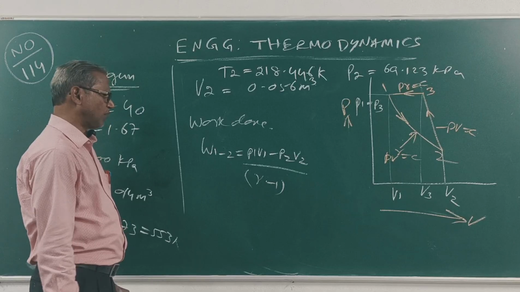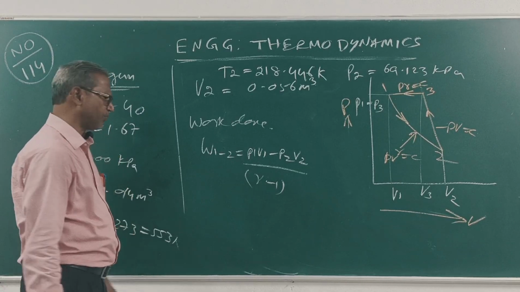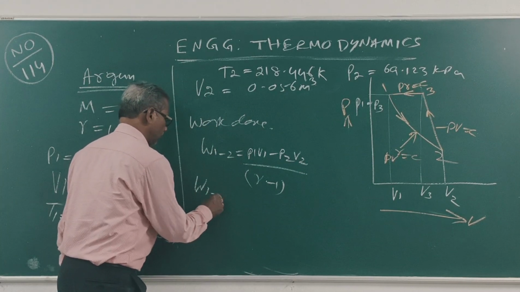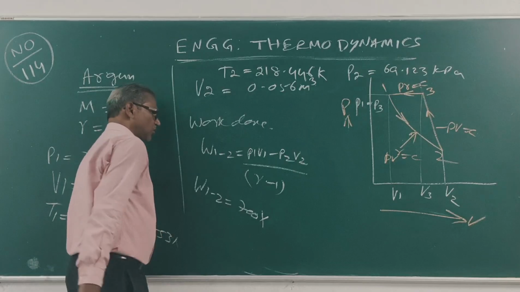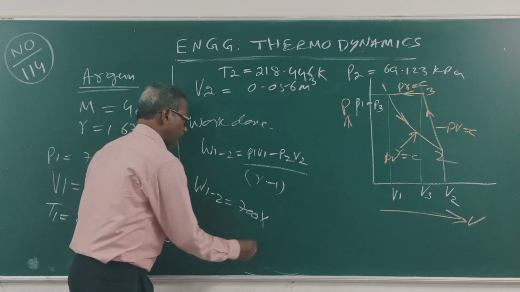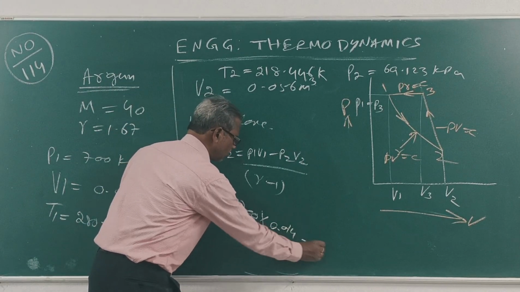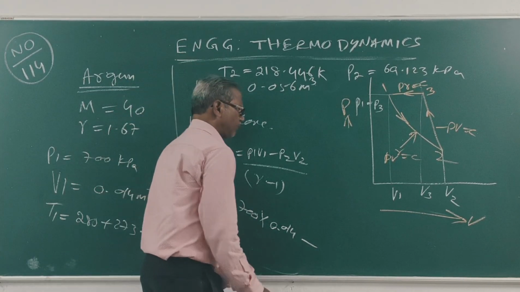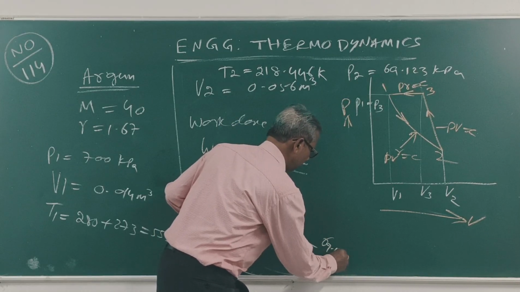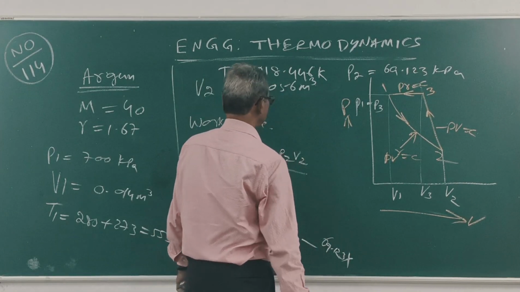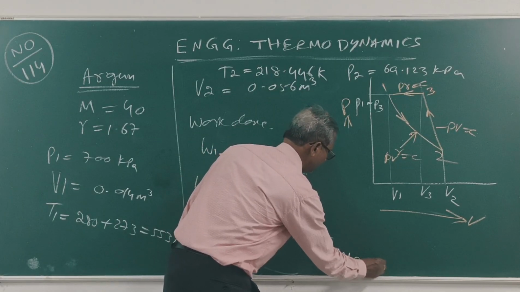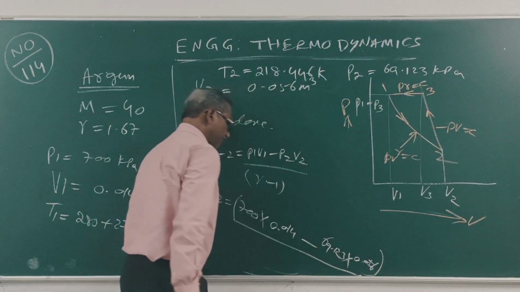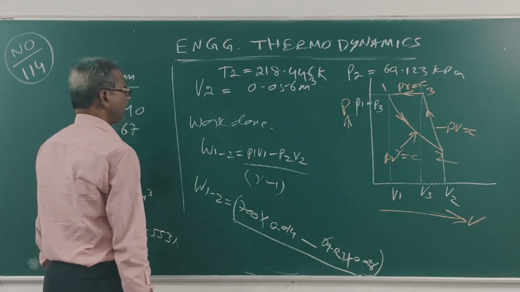W12 is equal to 700 into V1, 0.014, minus P2, 69.123, into V2, 0.056, by gamma minus 1. What is gamma?